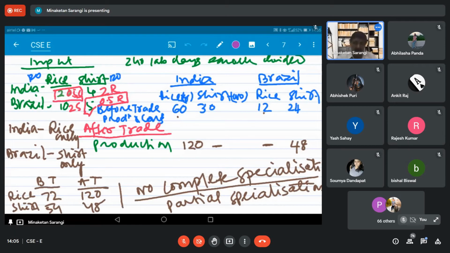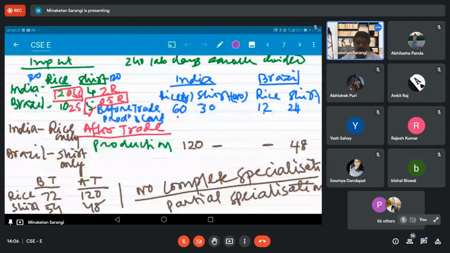We discussed how to find out the comparative advantage, and there we discussed if a country or trading partner is producing a commodity at a lower opportunity cost per unit, then the country enjoys comparative advantage over the production of that product.